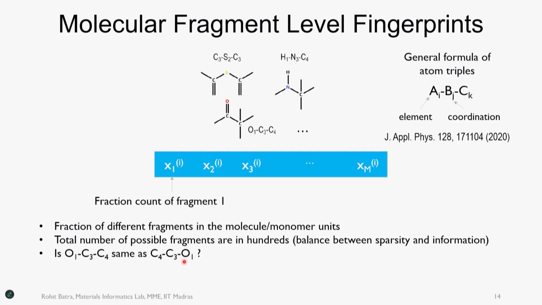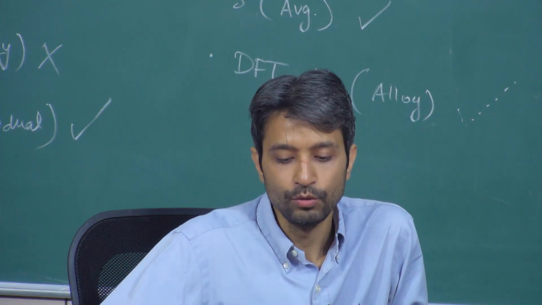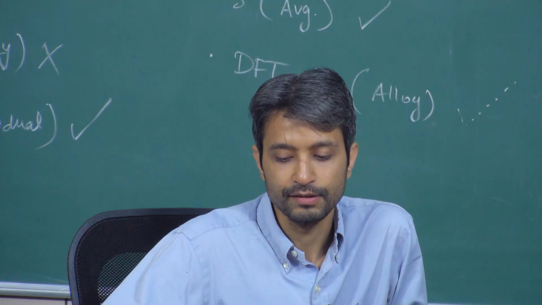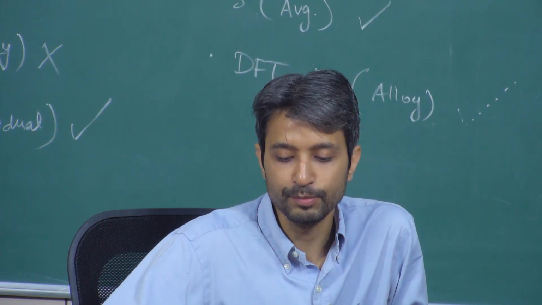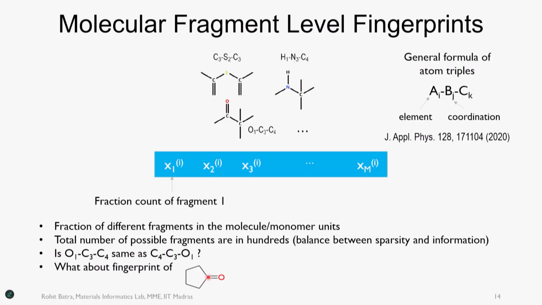They are actually the same because I'm just counting yes or no. Now, do you think this fragment is present as part of this molecule? This will be C3, this one is O1, and you can take either one as C4 here, right? So this is present.